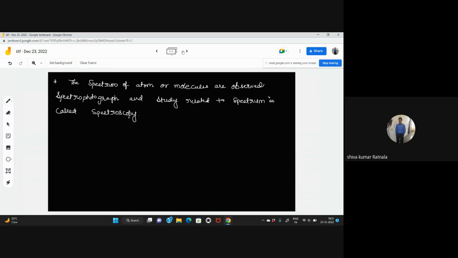If you take a water molecule, or compounds, how does the dispersed light change? On that atom or molecule, how does white light behave?